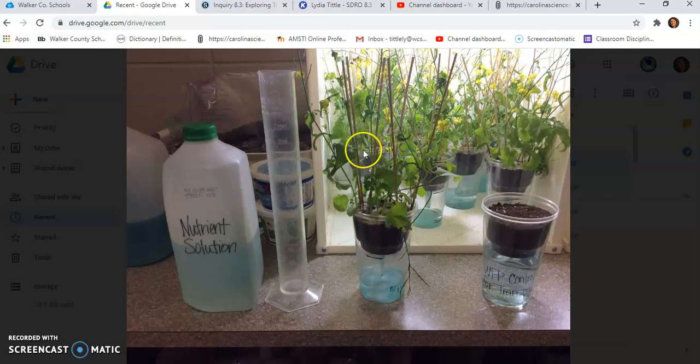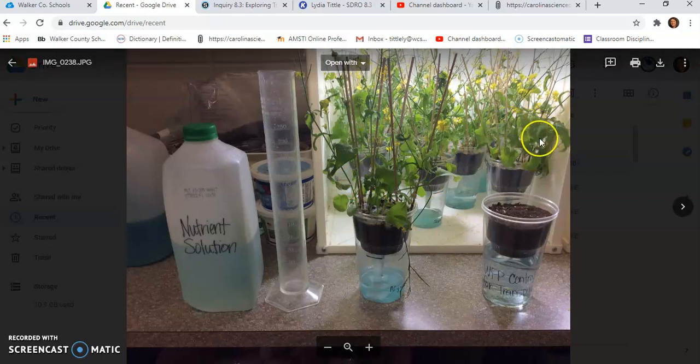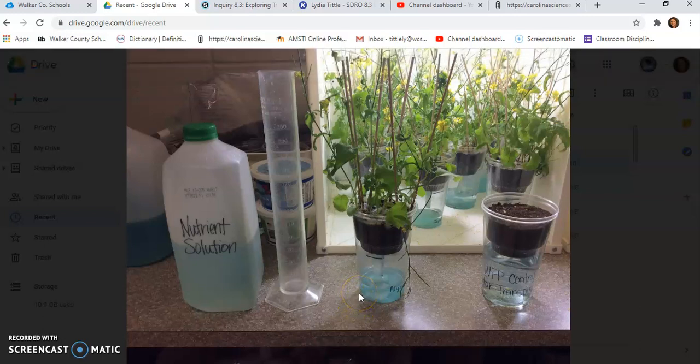And we know that we're going to be counting the number of leaves that our plant has. And each group will also count the number of leaves on their plant. We will, on the Friday before we do this lab, each group will take their reservoir cup and measure how much solution they have.